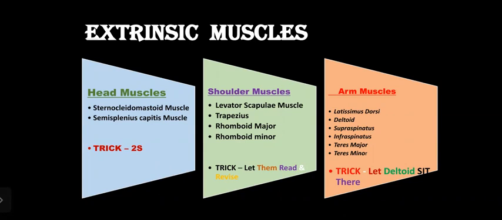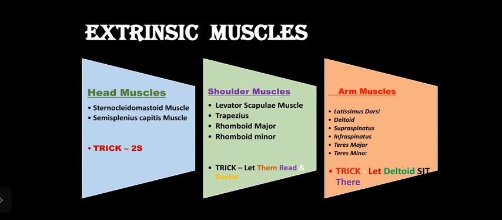Moving forward, at the arm portion we have a few more muscles, that is latissimus dorsi, deltoid, then supraspinatus, infraspinatus, teres major and teres minor. Let me clarify one thing, what supraspinatus means.